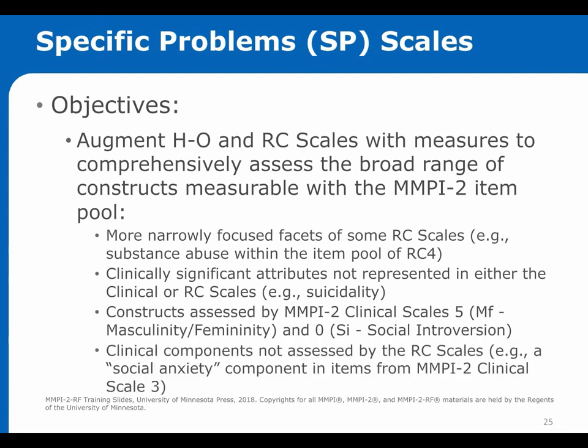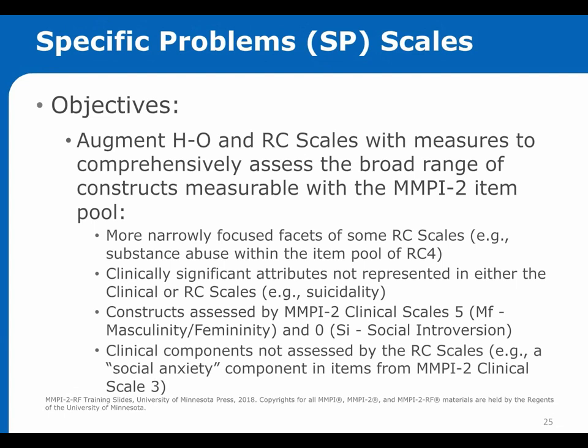And then finally, when the RC scales were developed, again, they're revised versions of the MMPI-2 clinical scales. And the MMPI-2 clinical scales, of course, were fairly heterogeneous scales. So, for example, Scale 3 measured a variety of different constructs, including naivete and social anxiety.